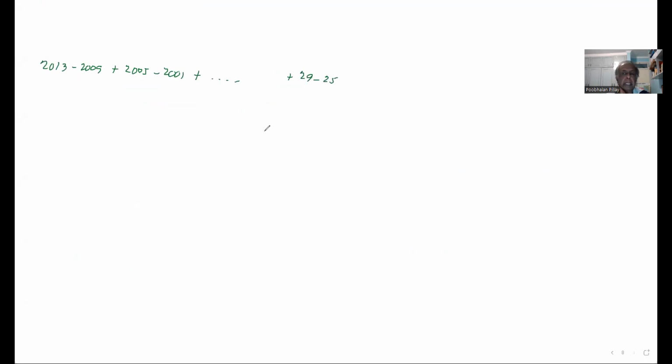Now, you can see here that when you take these differences between two consecutive numbers, you're going to get 4 all the time. So you want to know how many such pairs there are in the sum.